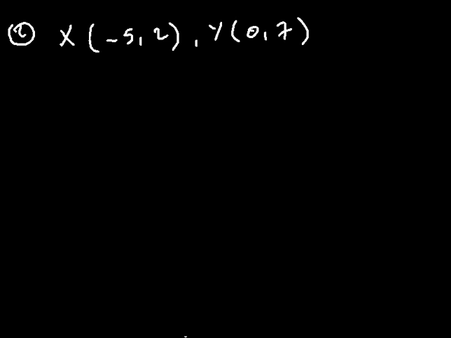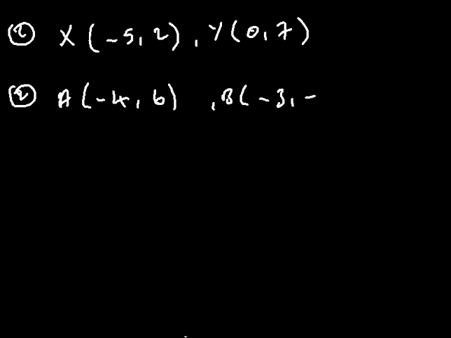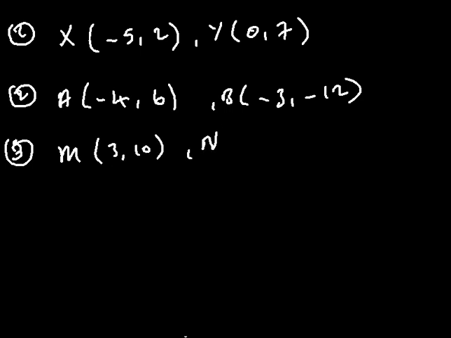We should plot this line and also its reflections along x, y as well as the origin. Let's say we have A at negative 4, 6, and B at negative 3, negative 12. We should do the same way. And also M at 3, 10, and N at 5, 8. So try to do this.